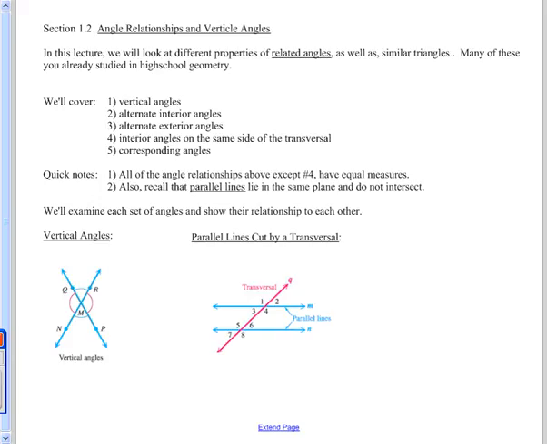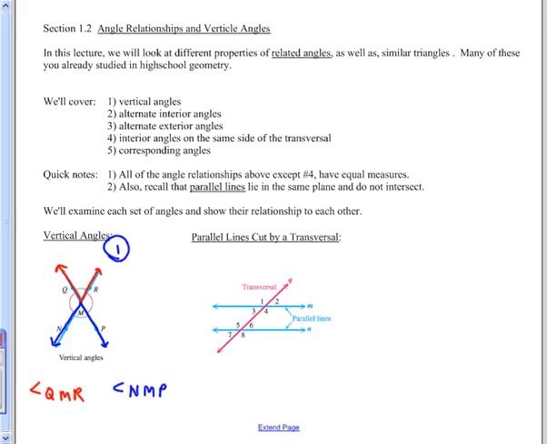The first example of angle relationships we're going to observe is the vertical angles. As listed here, I'm going to number that number 1 so that you know exactly what I'm talking about in the video. Angle QMR, that would be this one right here, and angle NMP, the one highlighted in blue, are vertical angles.